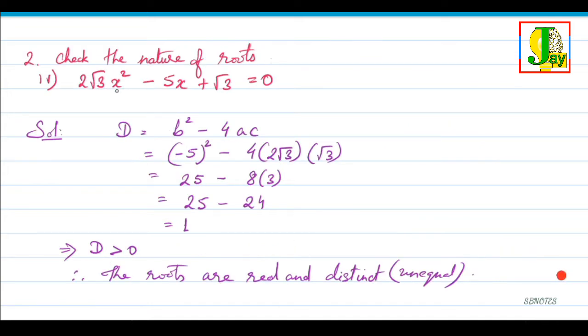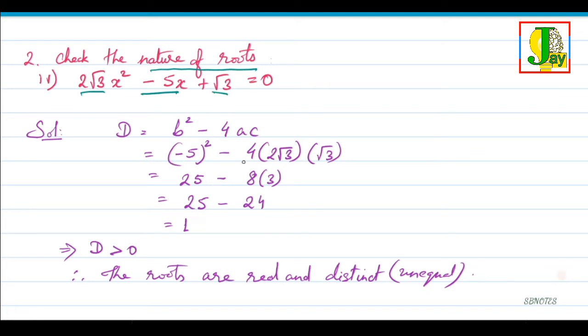This question I've solved it for you. Just check the nature of the roots. For that, you need the value of the discriminant. So D is, just putting the values, b square minus 4ac, where b is minus 5, a is 2 root 3, and c is root 3.